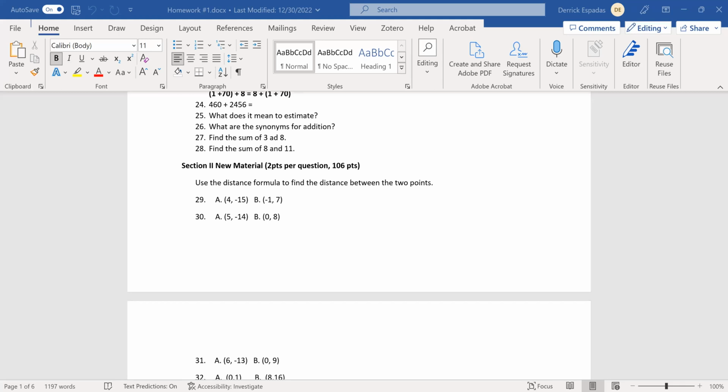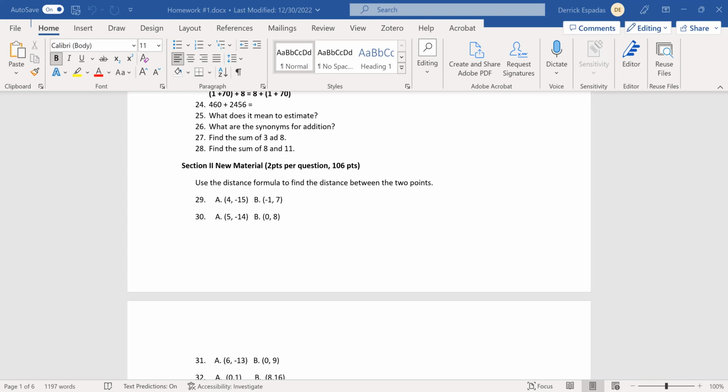And then y2, which is 0, minus negative 13, and negative equals positive, so it's just going to be 13. Negative 6 times negative 6 is positive 36, plus 13 times 13. We're going to ask Mr. Calculator.